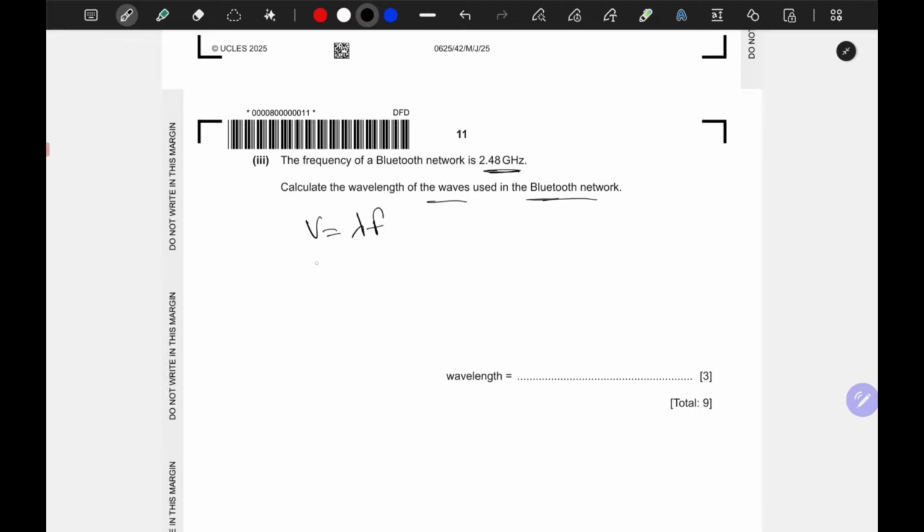We know speed is 3 times 10 to the power of 8. We don't know wavelength, times frequency. They've given us a frequency which is 2.48 gigahertz, but we have to convert this into hertz. Giga means times 10 to the power of 9. So it's going to be 2.48 times 10 to the power of 9.